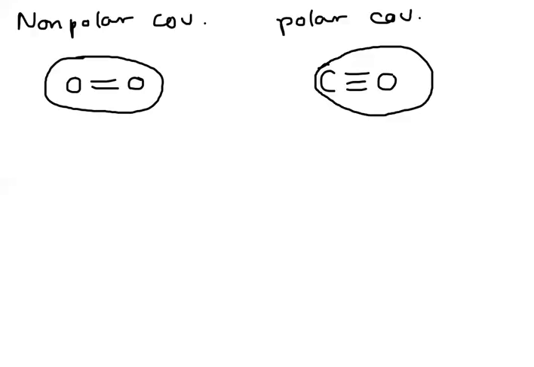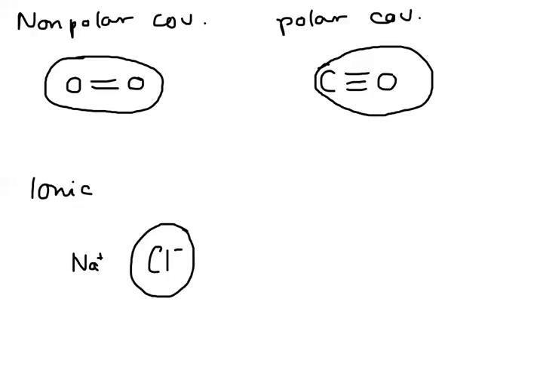With an ionic bond, the difference is so big in terms of electronegativity that one atom has given up an electron and the other atom has taken up an electron. So in this case, for example, Na plus and Cl minus. Let me draw that a little better.